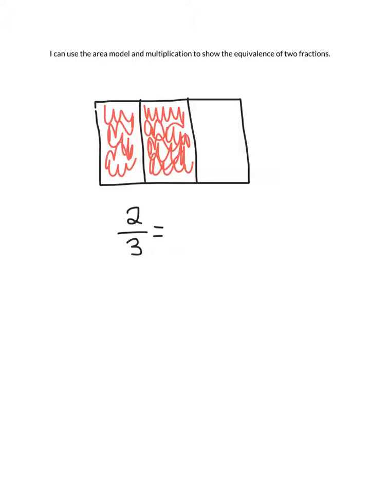So let's say I decided to show 4 times the number of fractional units. I could start by drawing 1, 2, 3 lines, and I've taken each unit and divided it into 4 smaller units.